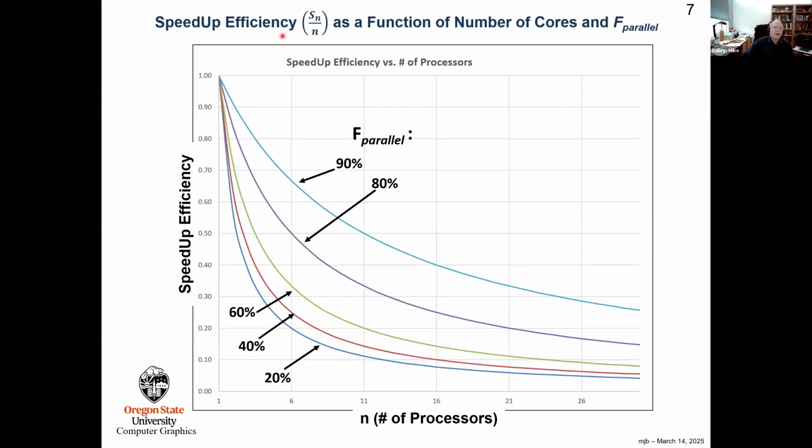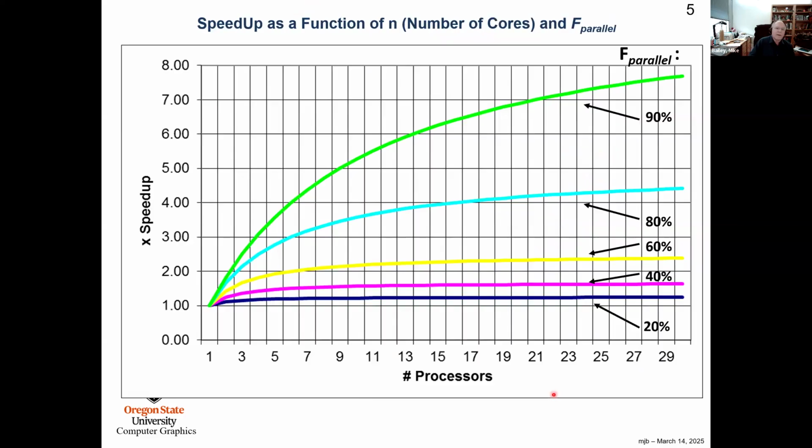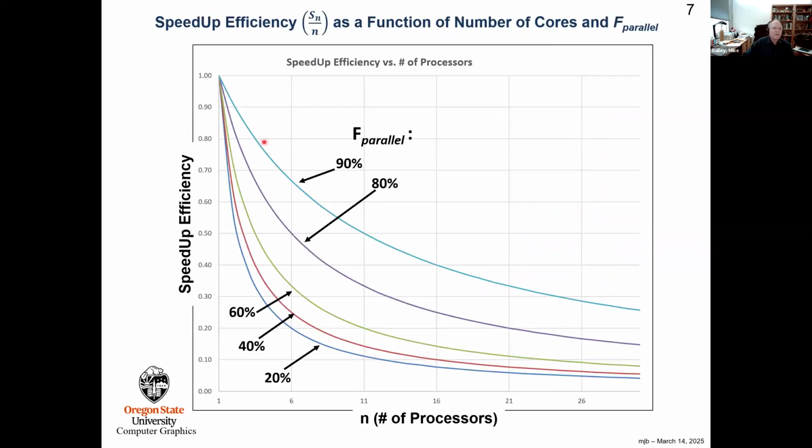Okay, and we can do this with speed up efficiency as well. As you add more processors, in the same way that this graph flattens out, so does speed up efficiency. Speed up efficiency drops because the addition of one more core doesn't really make one more core worth of advantage.